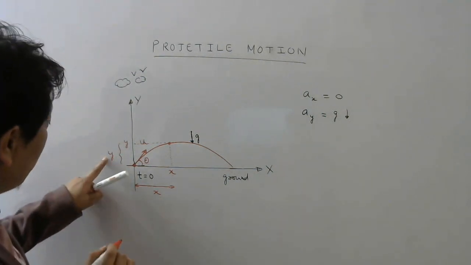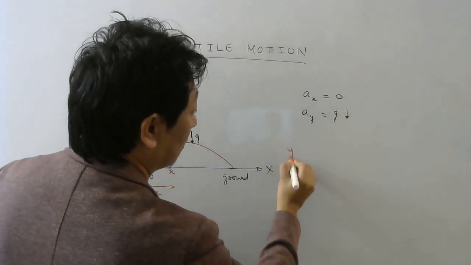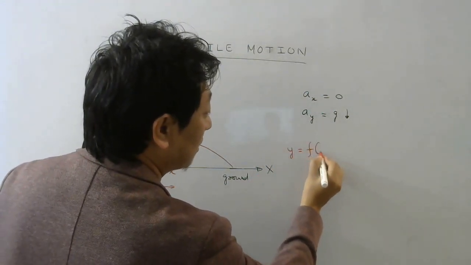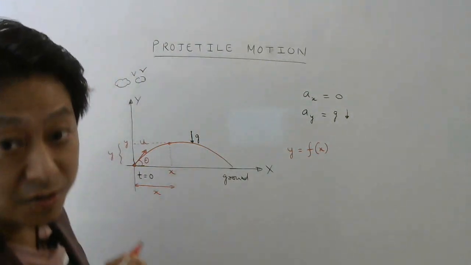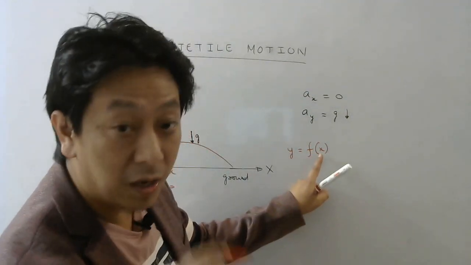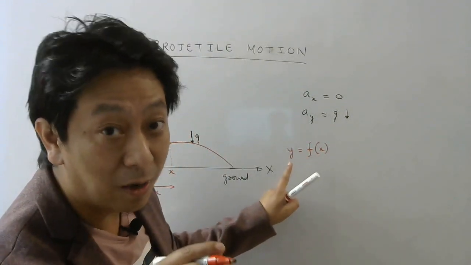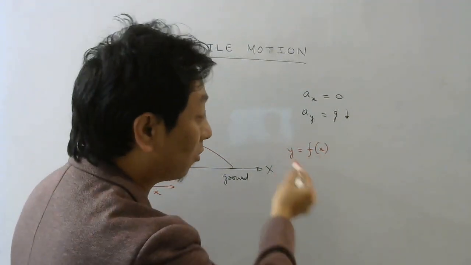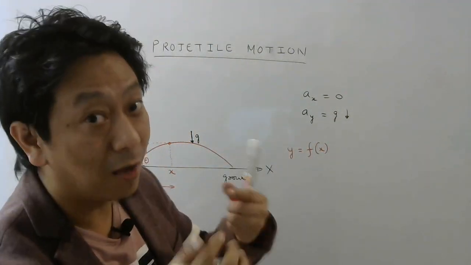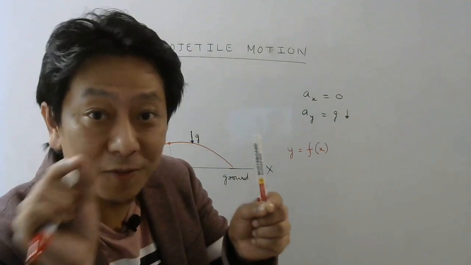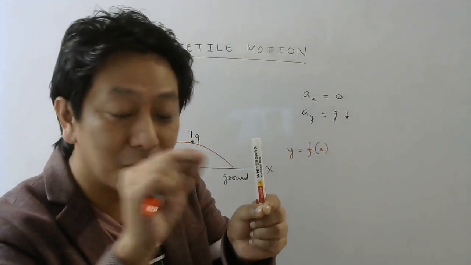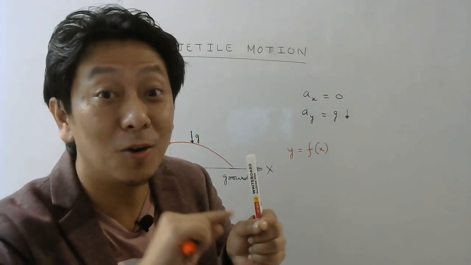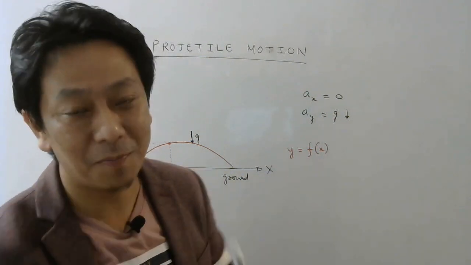The relation between y and x. So if you can give me y as a function of x, then what does it mean? It means for any x, if I can calculate y using this formula, then I will know the coordinates of the particle. Once I know the coordinates of the particle, I will know the path of the particle.